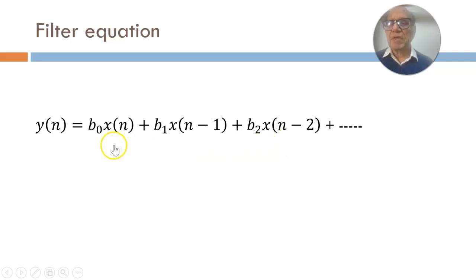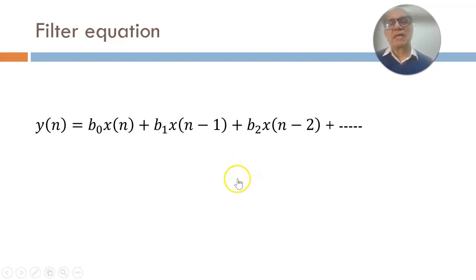The question is, how do we obtain these coefficients? In our last session, we had said that the sequence of these coefficients also happens to be the impulse response of the non-recursive digital filter. So if you can find the impulse response, you can find these coefficients. Now, how to find the impulse response?